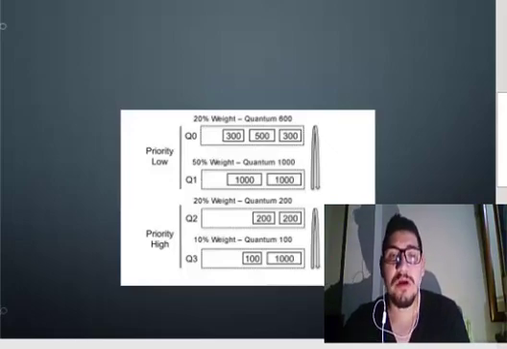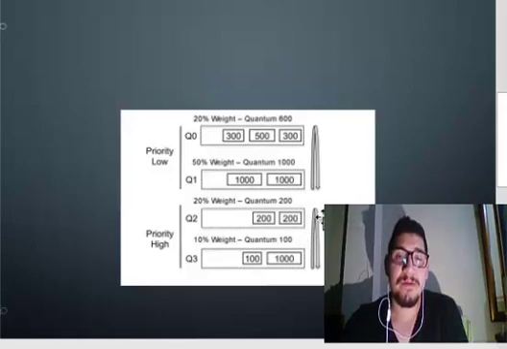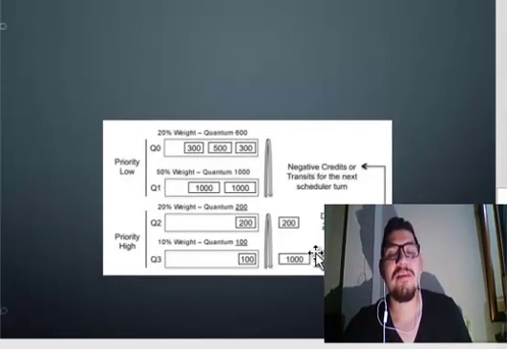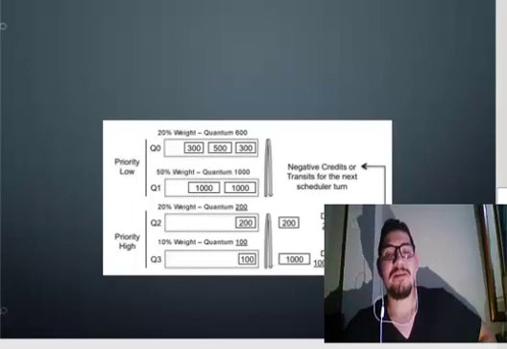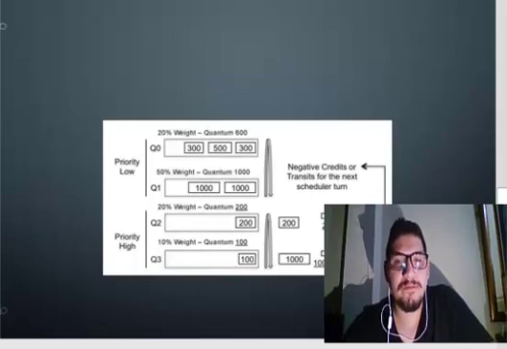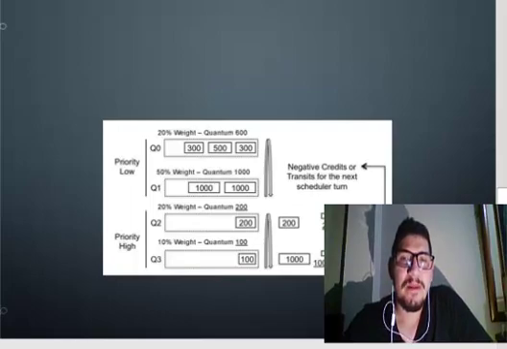Now we go to Q3 and transmit a 1000 packet, but as Q3 only has a quantum of 100 and transmits 1000, we have a negative credit: 900 negative credit is what we have in this result.